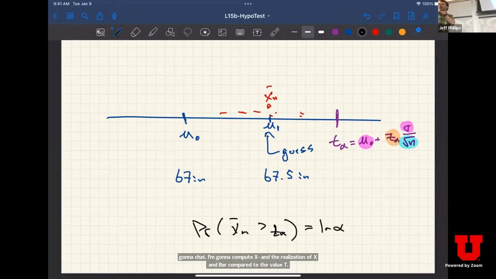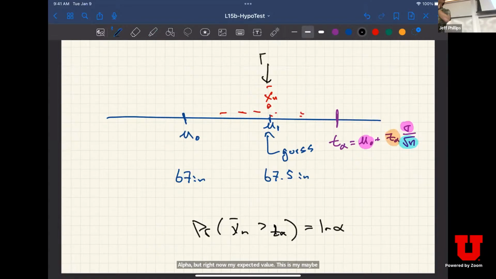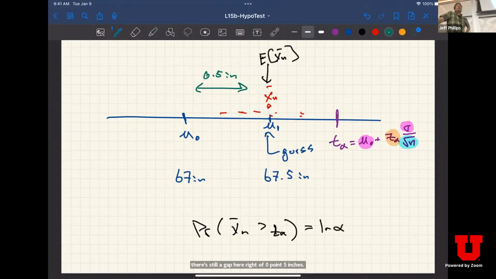But right now my expected value of xn bar is less than T alpha, and there's still a gap of 0.5 inches. So xn bar is larger, but I set my T alpha value too big.